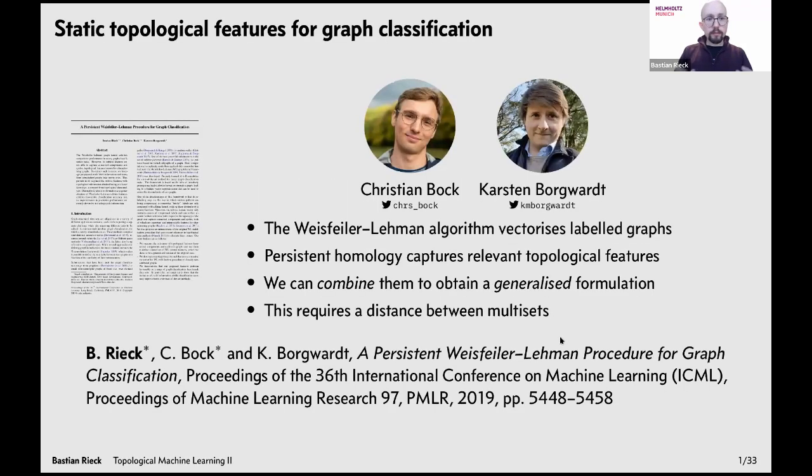So I want to start with a very neat paper on adding static topological features for graph classification. This is joint work with Christian and Karsten, and the idea of this paper, which we deemed a persistent Weisfeiler-Lehman procedure for graph classification, is that the Weisfeiler-Lehman algorithm that I showed you before can be used to vectorize labeled graphs.